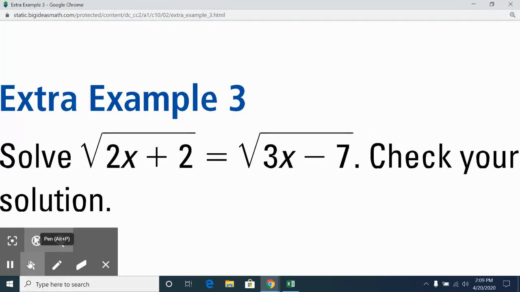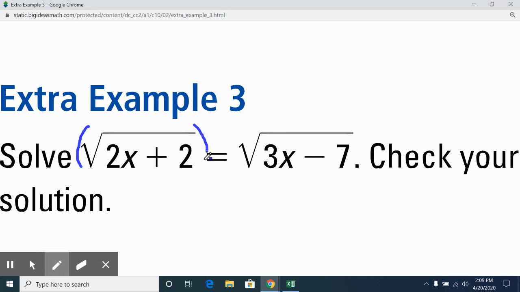All right, so again, I'm simply going to square both sides right off the bat because all I have are two expressions underneath square root symbols.